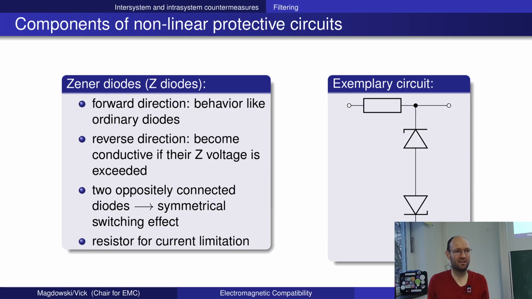They get conducting above a certain voltage, the so-called Zener voltage, and it depends on how you build the diode. It can be 10 volts, 50 volts, 5 volts, something like this. And so with Zener diodes you can use a circuit that looks like this with two diodes in an anti-series connection.